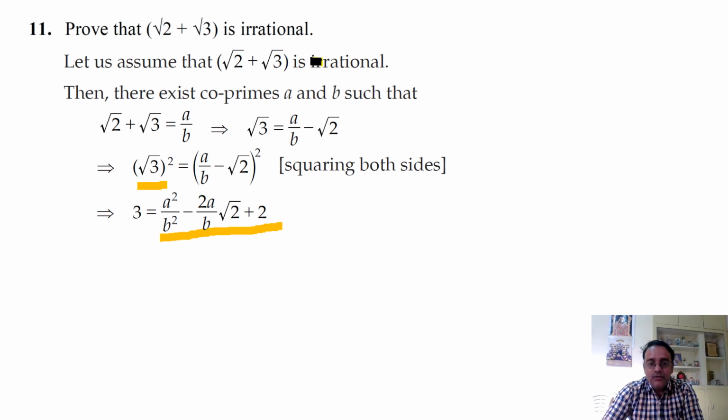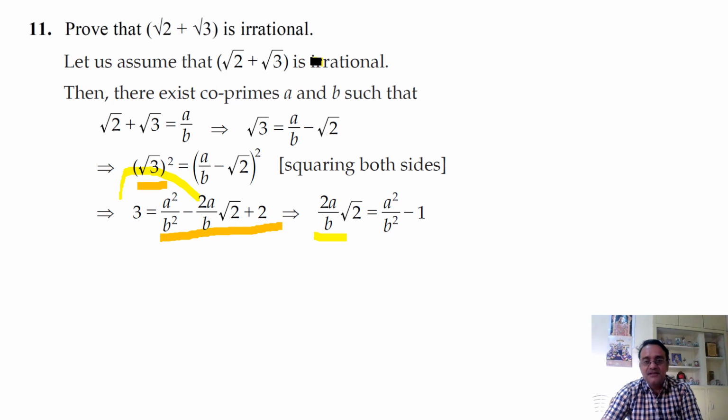After that we will shift this minus term to the left hand side, so it becomes plus. After that we'll get this one and we'll shift 3 to that side. So minus 3 means it will be 2 minus 3, we will get minus 1.